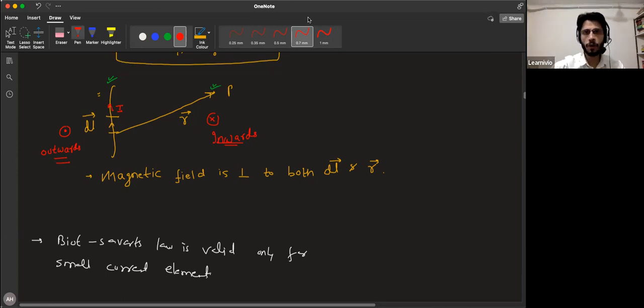So if I want the direction of the magnetic field over this point, the field lines are coming outwards. At this point, the field lines are going inwards. So they are outwards, inwards, outwards, inwards. This is the direction of the magnetic field. Is it clear? Yes, sir.